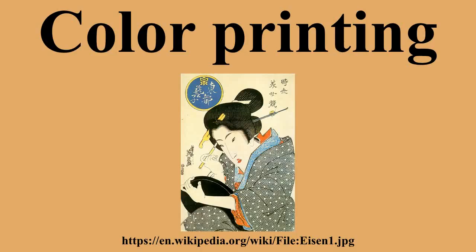To resolve this, a black separation is also created, which improves the shadow and contrast of the image. Numerous techniques exist to derive this black separation from the original image. These include gray component replacement, undercolor removal, and undercolor addition. This printing technique is referred to as CMYK.